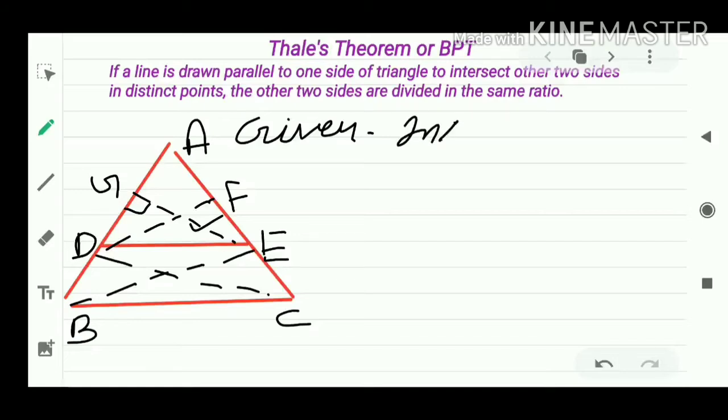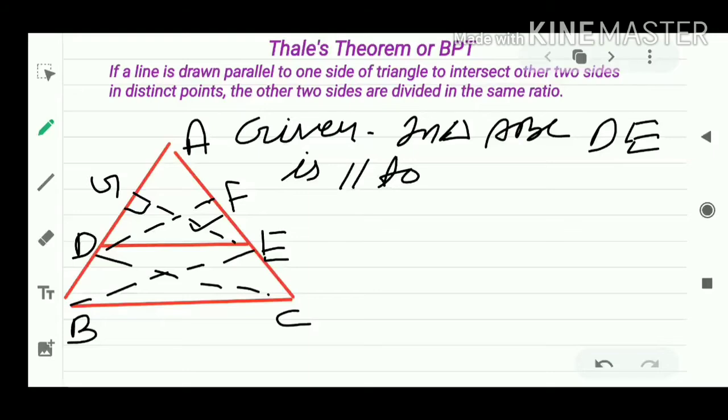So we write given: in triangle ABC, DE is parallel to BC.